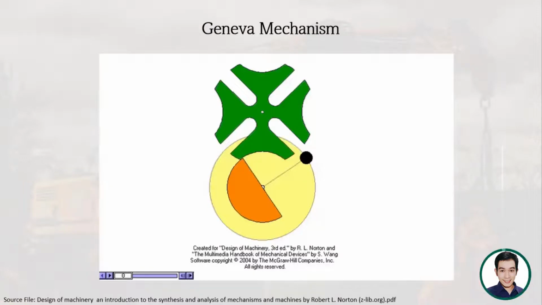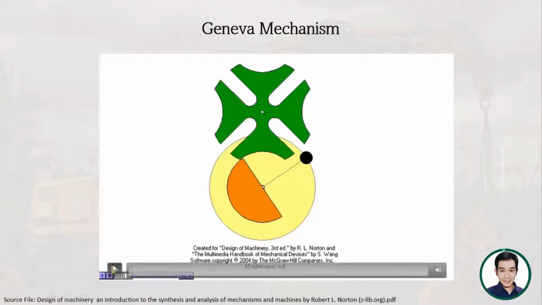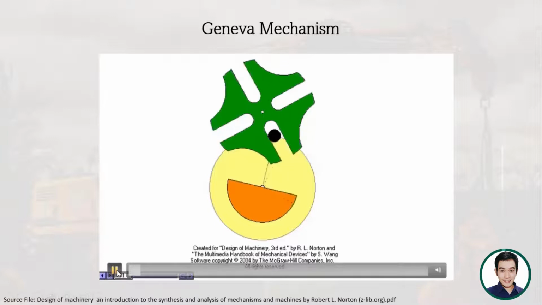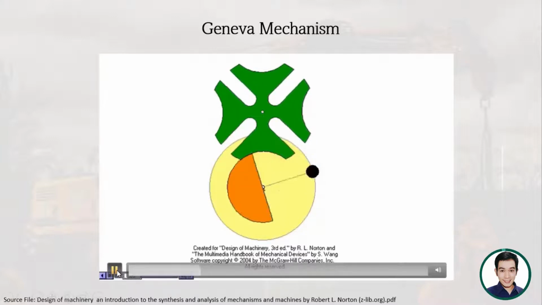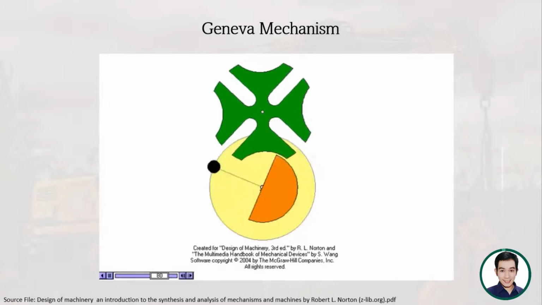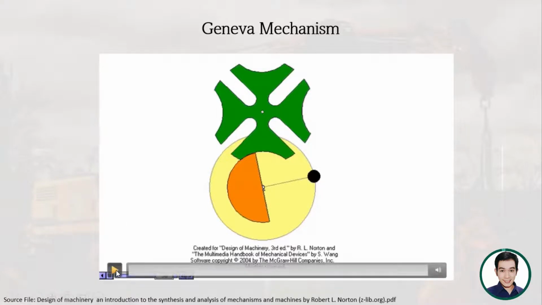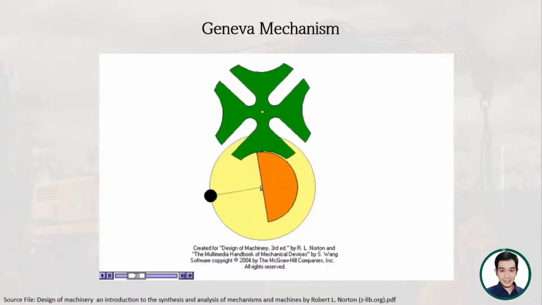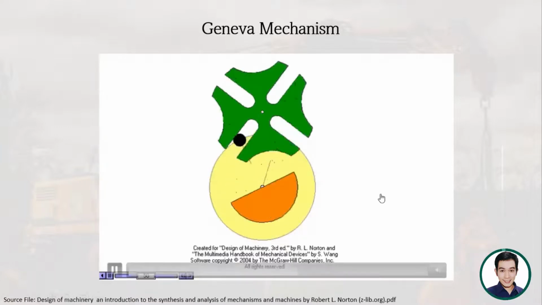This, for example, is a Geneva mechanism. You can see here it's actually a series of motion and a series of dwell. When we say dwell, meaning it does not move, or it just remains as it is. So that is a Geneva mechanism.